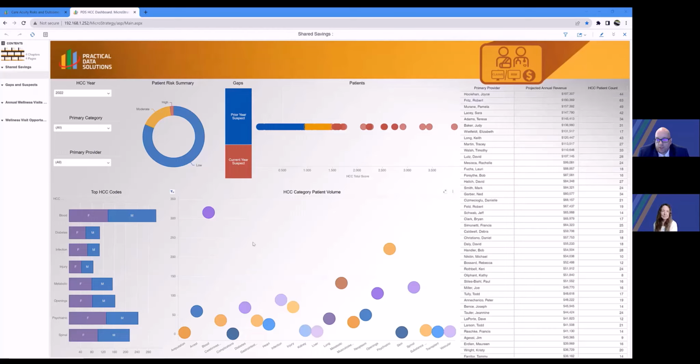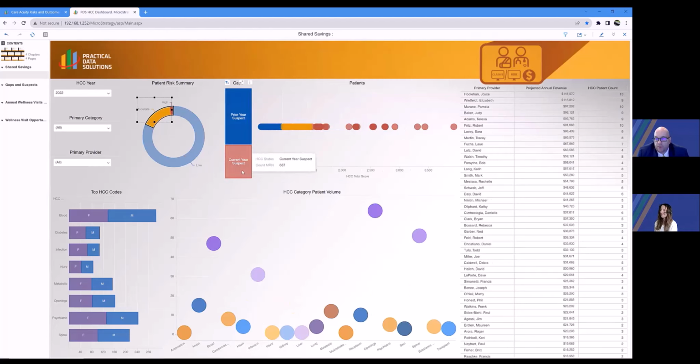This is kind of a high-level summary where you could take the information that you have and identify your highest and moderate risk patients. You can find where there may be gaps for conditions that we haven't scored for this year that we've seen in prior years. We can look at the different conditions that are being treated by our providers.